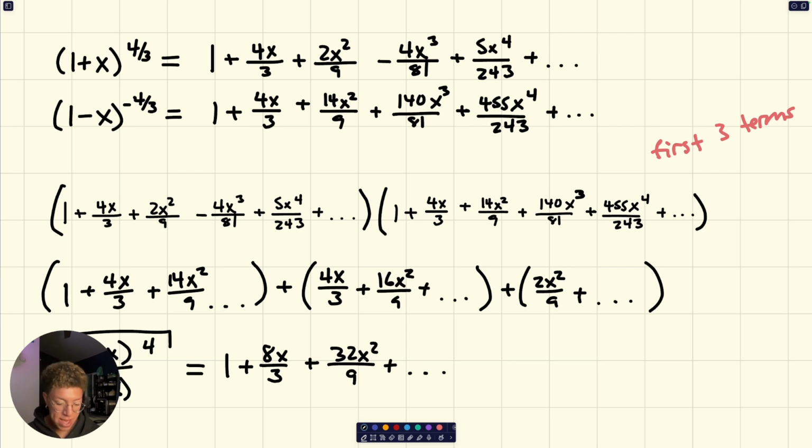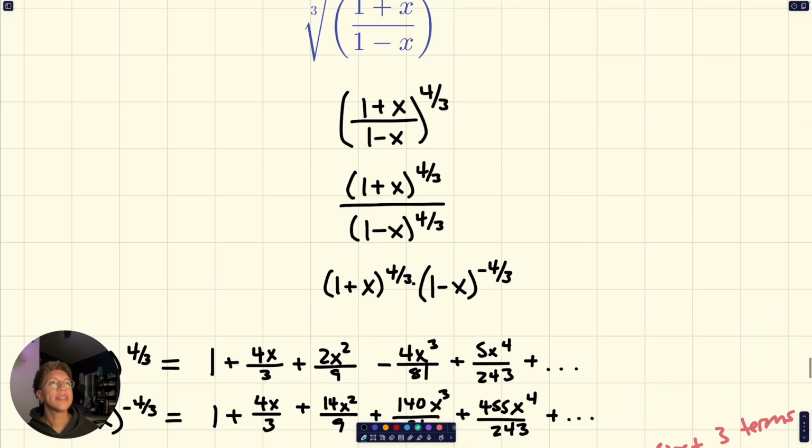And then all of that is going to be raised to the 4 over 3 power. And let's hit that and see what we get out. Hopefully they're going to give us, they do. Awesome. All right, so according to Wolfram Alpha, our expansion for the first three terms is correct, and it looks like that.